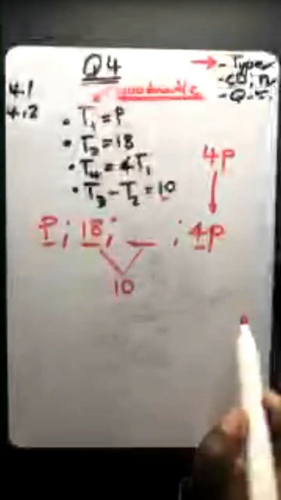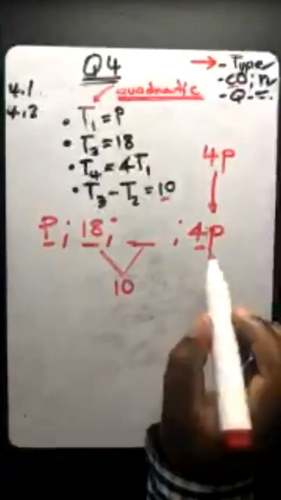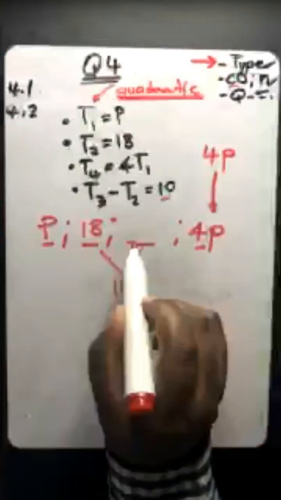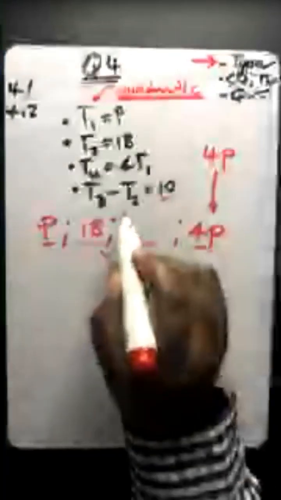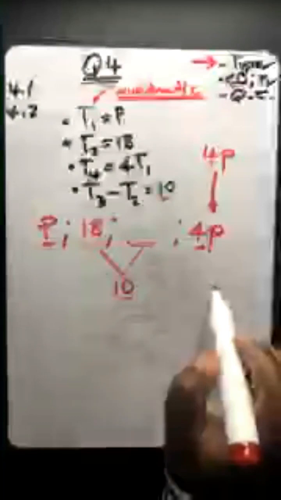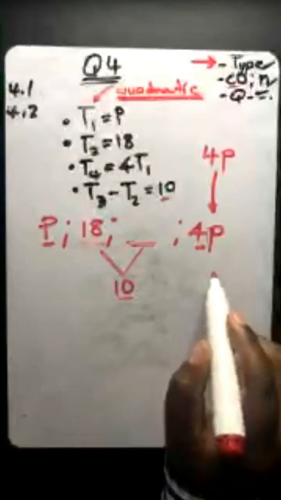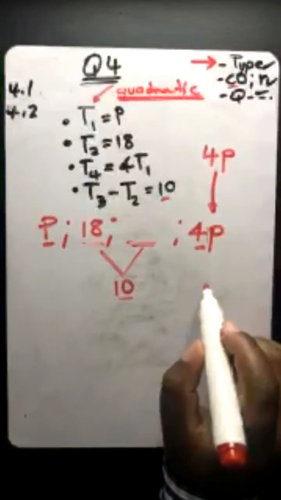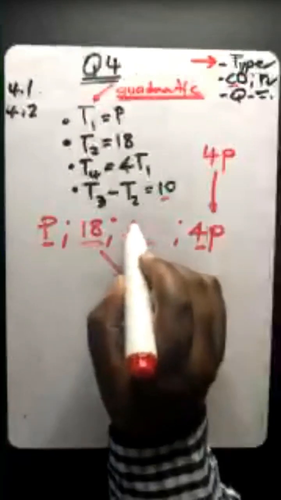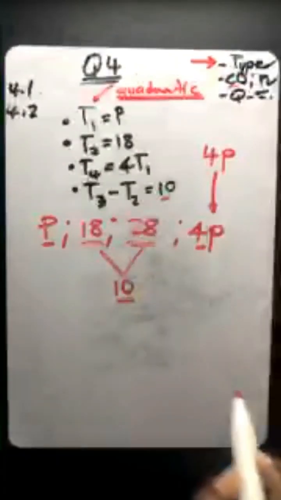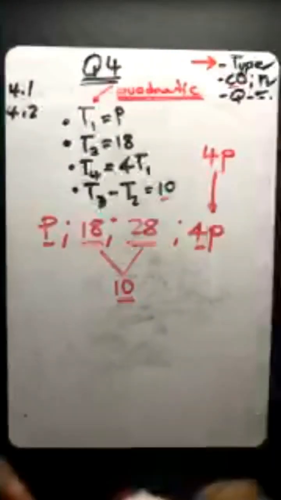Okay, let me quickly take over. Since you know that this term minus that one gives you that, they've just given you this term 3 but in reverse. So you need to work it in the forward direction. In the forward direction, this plus that gives you that, which is where 28 comes from.